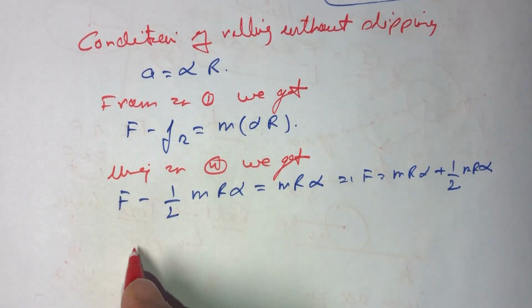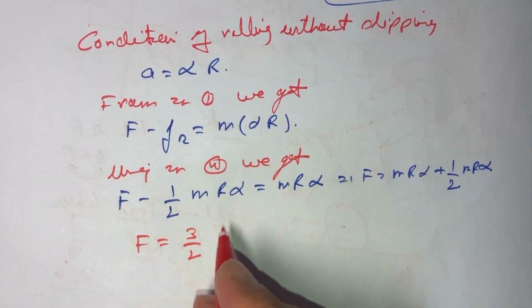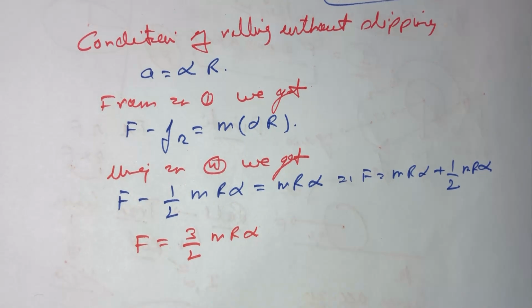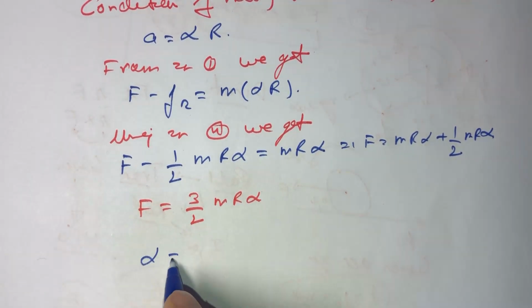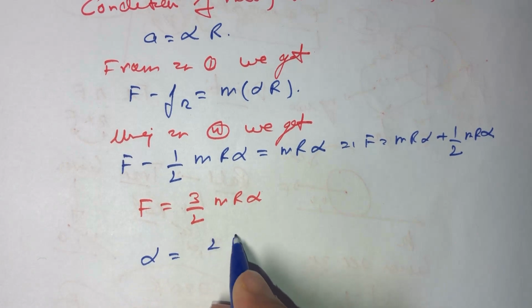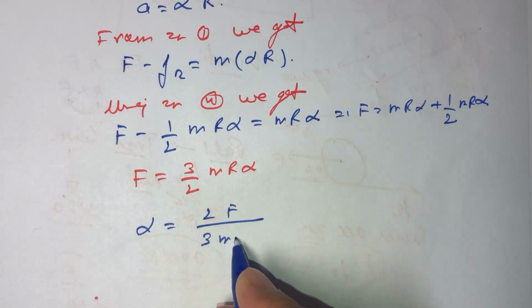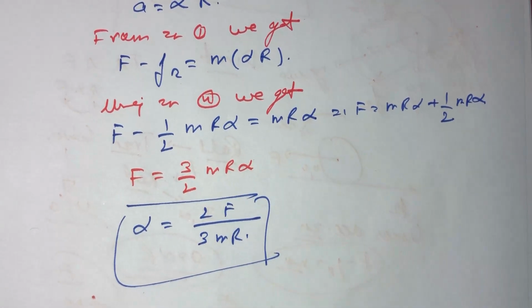So we get F is equal to 3 by 2 m r alpha, and we are supposed to find out the angular acceleration. So alpha is equal to 2 times force divided by 3 m r. So this is the value of angular acceleration.